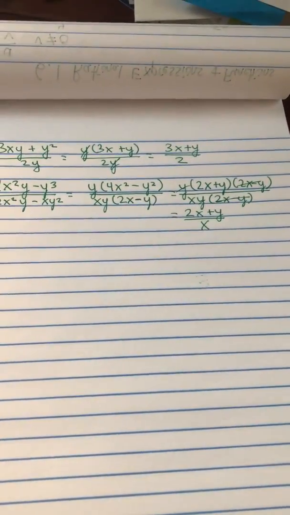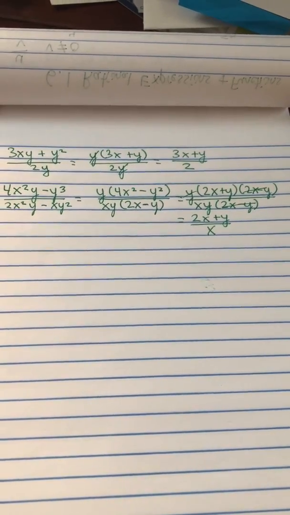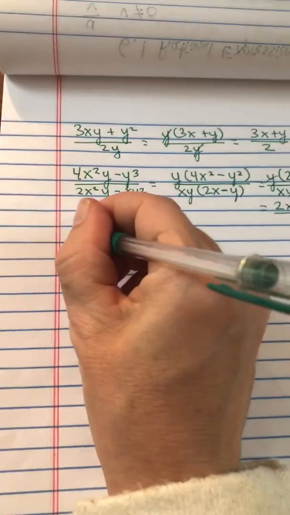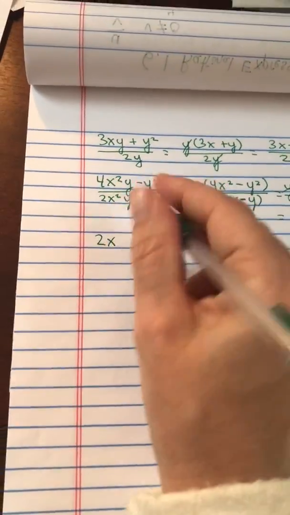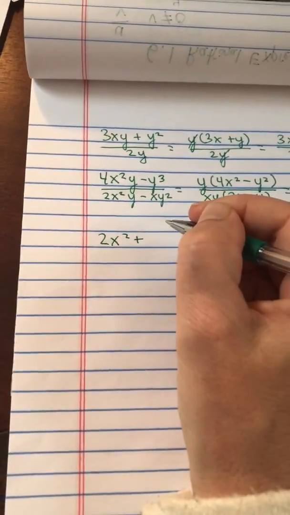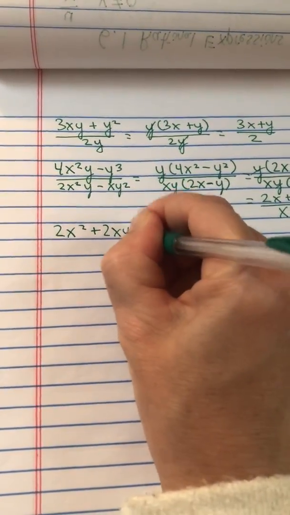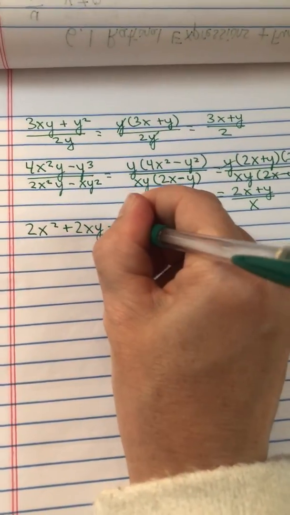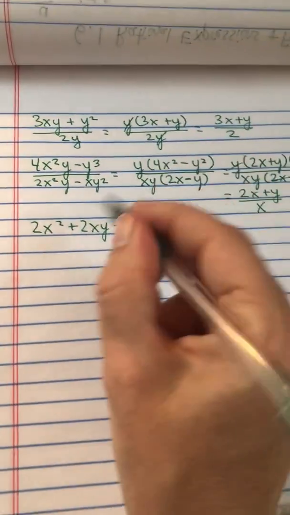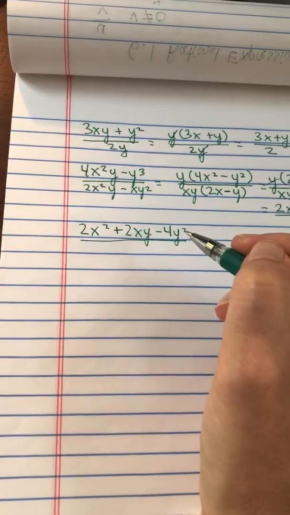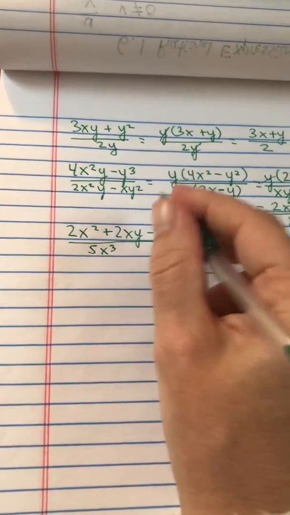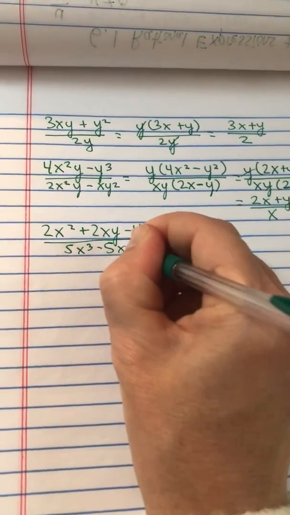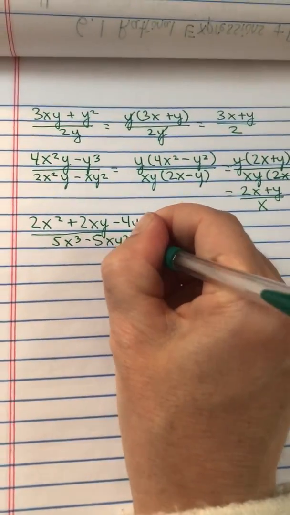2x plus y over x. Correct. All right, and one last one like that, and then we'll go on to multiplying and dividing rationals. 2x squared plus 2xy minus 4y squared over 5x cubed minus 5xy squared.